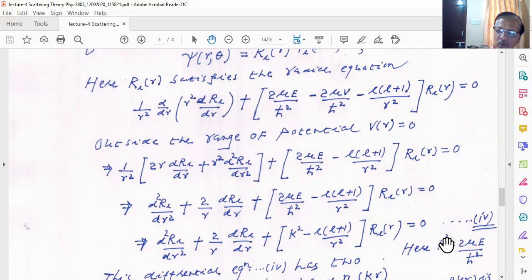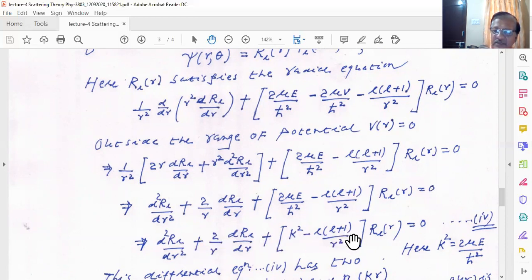So the first step remains as it is, the second step also remains as it is, and 2 mu E over h cross square is replaced by k square. So this is basically a second order differential equation.